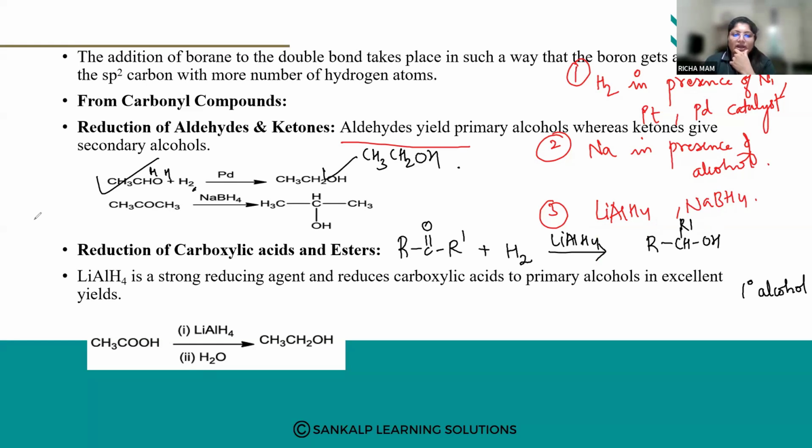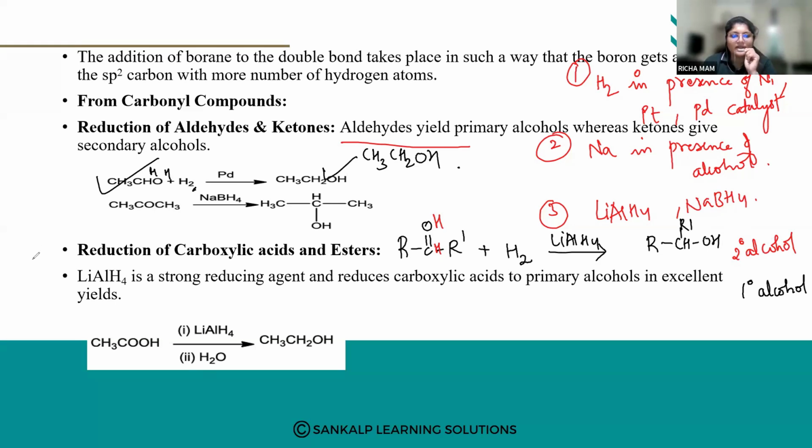Across the double bond I add hydrogen, here one hydrogen, here one hydrogen. So I got a secondary alcohol. Aldehydes are reduced to primary alcohols, and ketones are reduced to the corresponding secondary alcohols by using these agents.